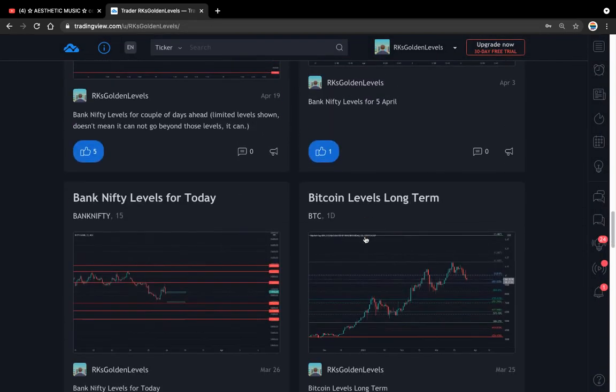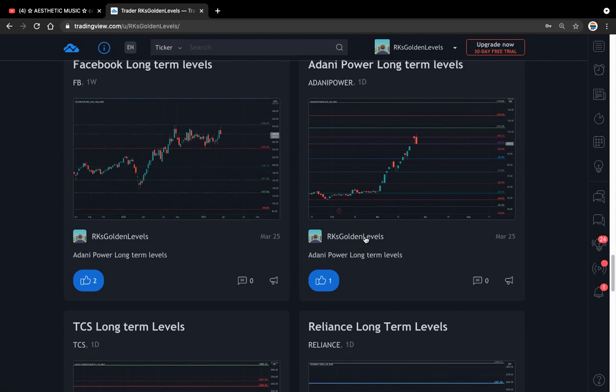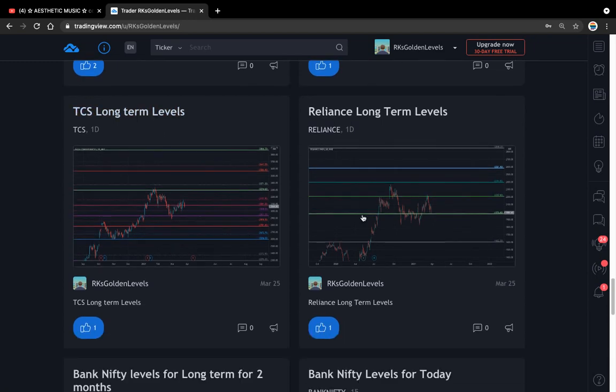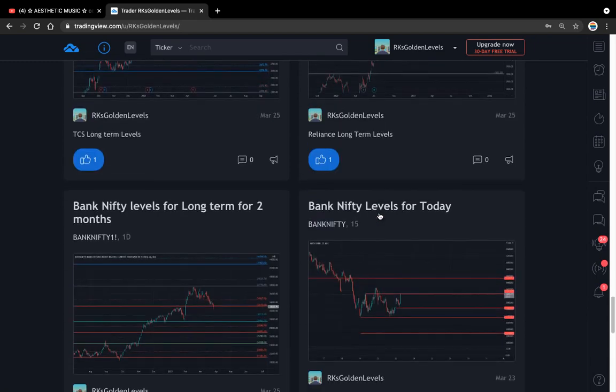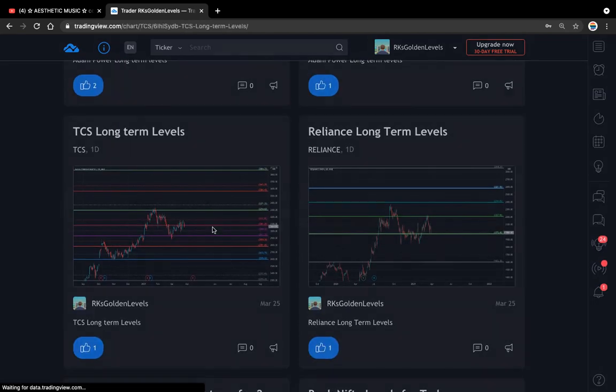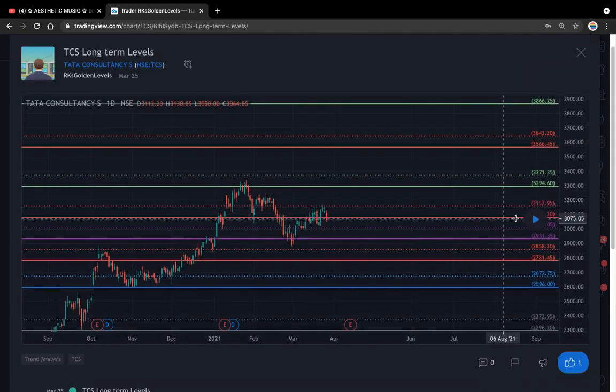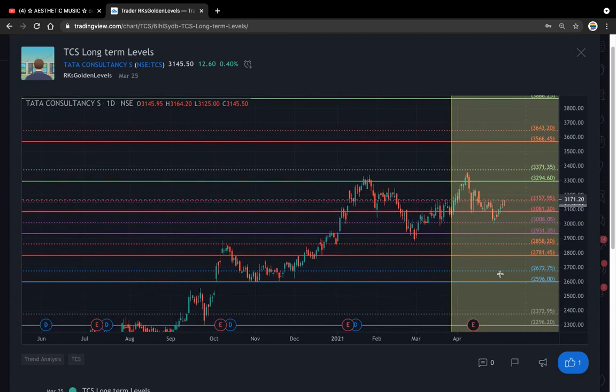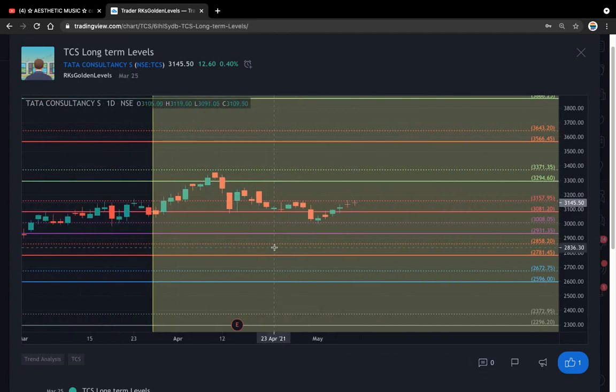So let's check other levels as well. Then Facebook is there, Adani Power, then Reliance, TCS. Let's see how TCS worked. Look how perfectly it works.